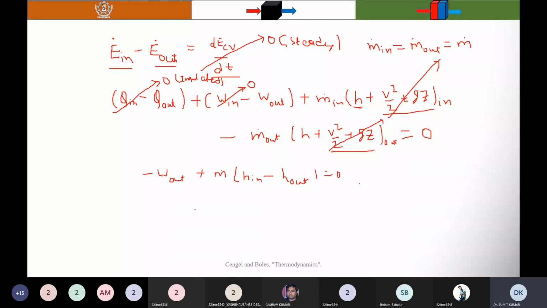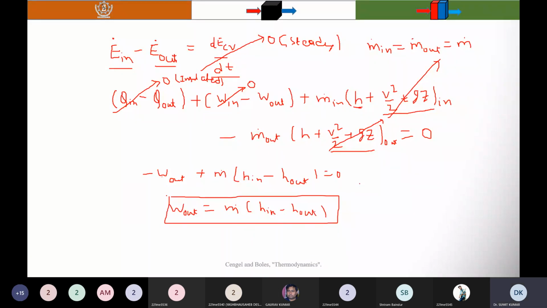So you can find that W out, the work produced by the turbine, is equal to M into (H in minus H out). In this way, you will find the work produced by the turbine.